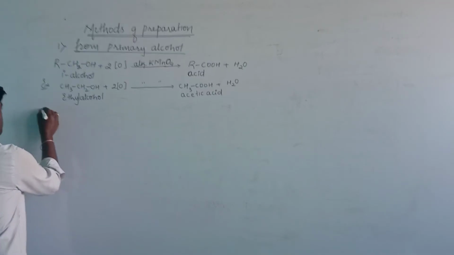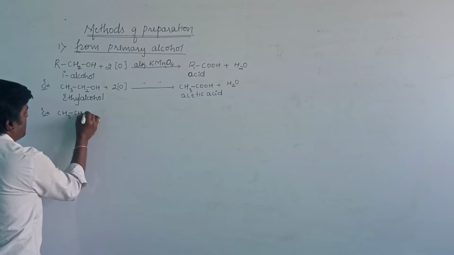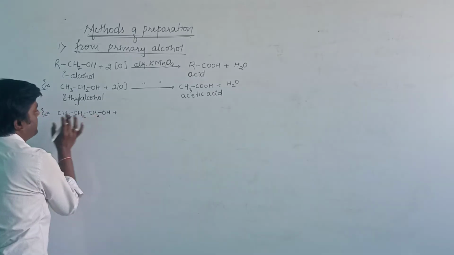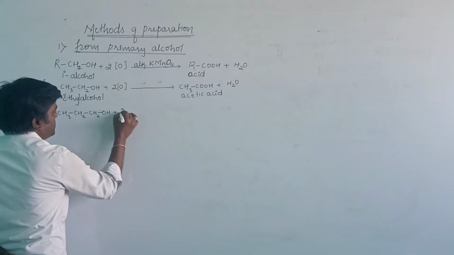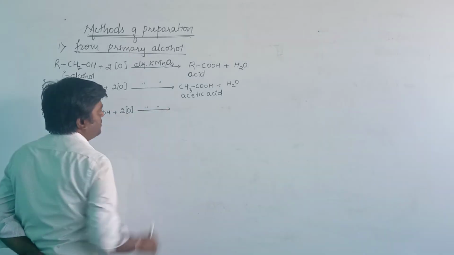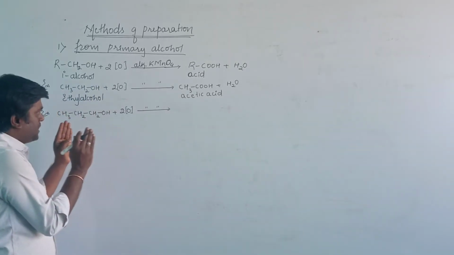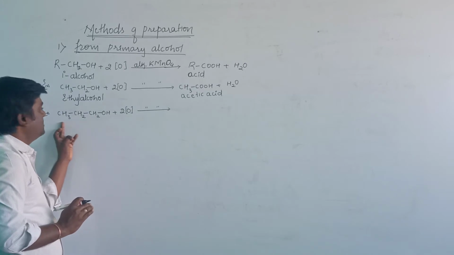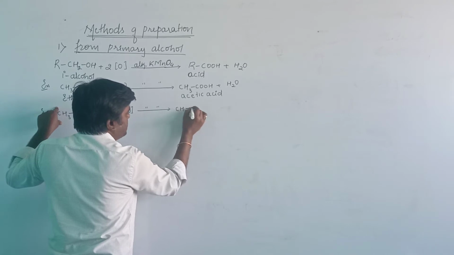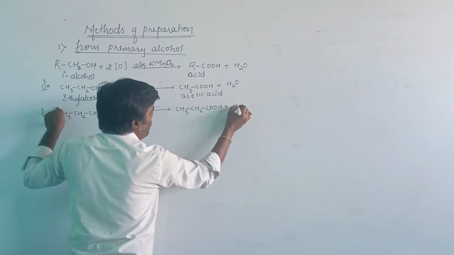Then we can take another example here. CH3CH2CH2OH, a primary alcohol, undergoes oxidation in the presence of alkaline KMnO4, that is potassium permanganate. It will give the acid containing the same number of carbon atoms as present in the alcohol, and the number of carbon atoms here is 3. CH3CH2COOH plus water molecules.